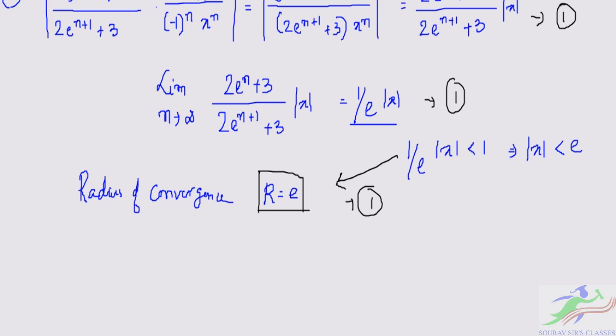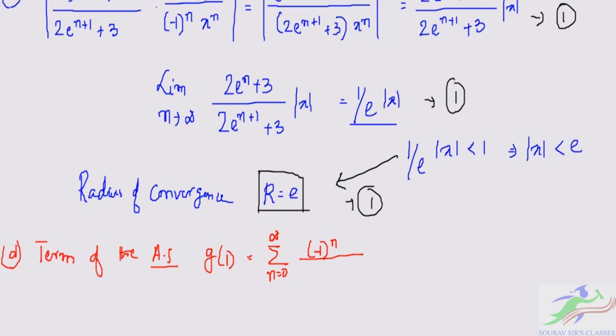So this is part D. The series G(1) is given as an alternating series, G(1) equal to summation of n equal to 0 to infinity (-1)^n by 2e^n + 3. It decreases in magnitude to 0.